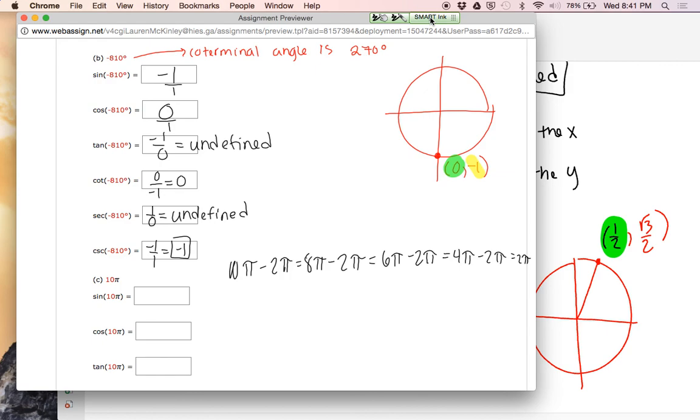Now 2 pi is on the unit circle, right here. It's the same thing as 0. 2 pi is 360 degrees, so it's one full rotation around the circle. The point there is 1, 0. So now I'm going to fill in all of these values just like I did for the example on top, and I'll let you do that on your own.